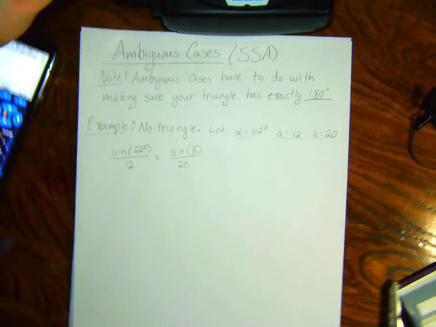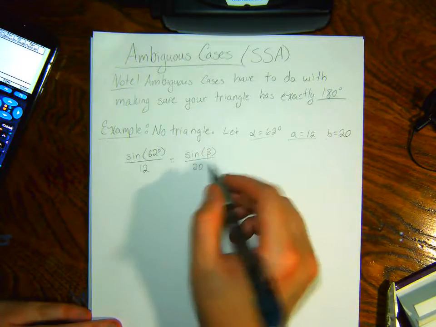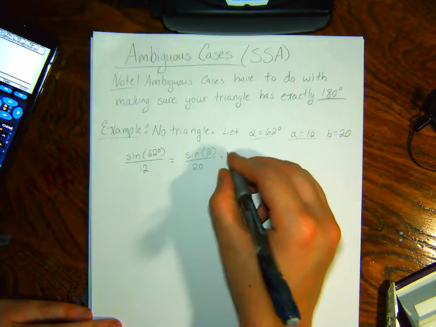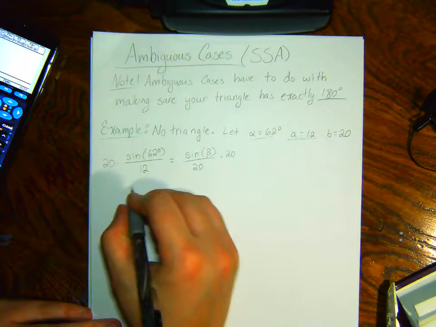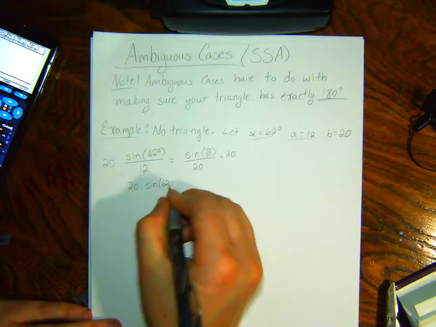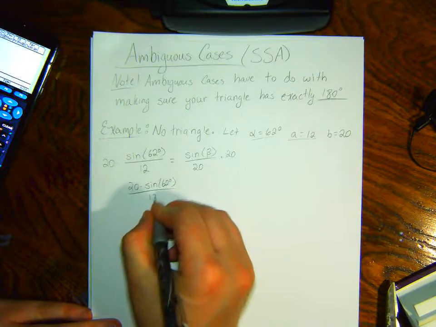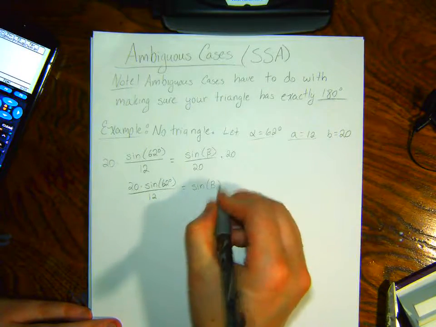Now to solve for beta, I'm going to have to multiply both sides by 20. So I'm going to get 20 times sine of 62 degrees over 12 equals sine beta.